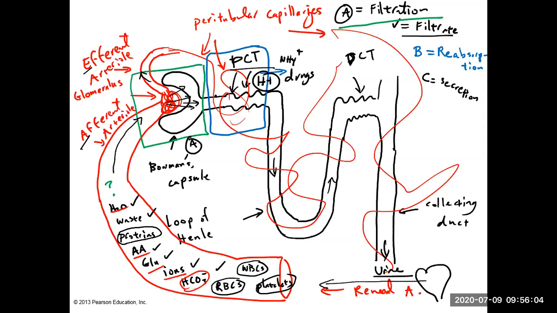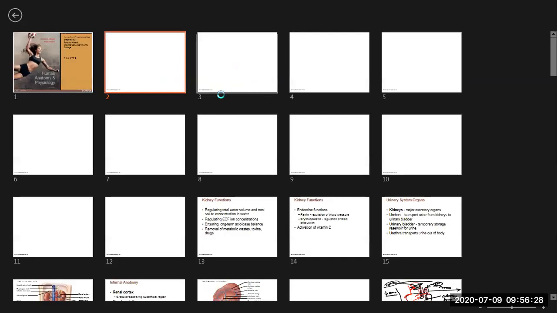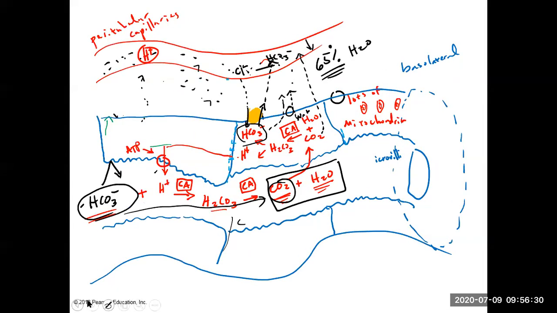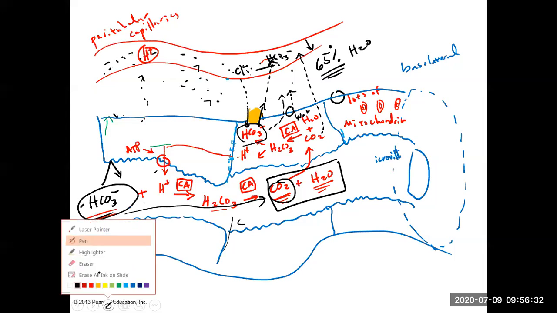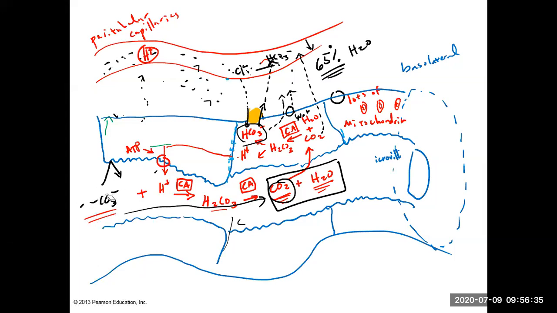Now, what if, and maybe you could think about that when you're thinking about the concept of diabetes and such. Let's go back to the PCT. Let's erase this one more time.